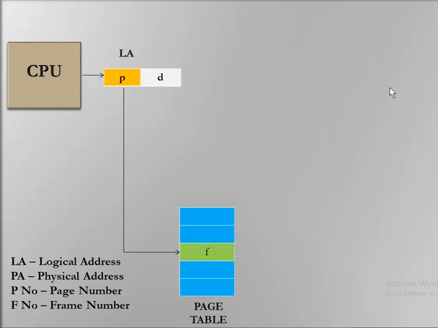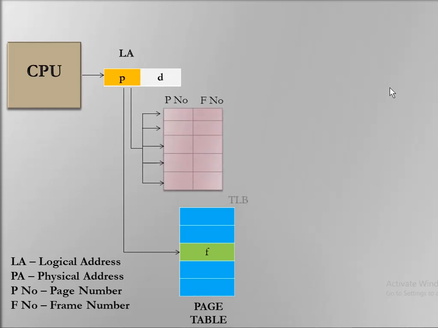So in the previous slide, first we search in the page table, but here, first we search in the TLB, translation lookaside buffer table. It is a combination of page number and the corresponding frame number. If this particular P is present here, you can easily identify the frame number.